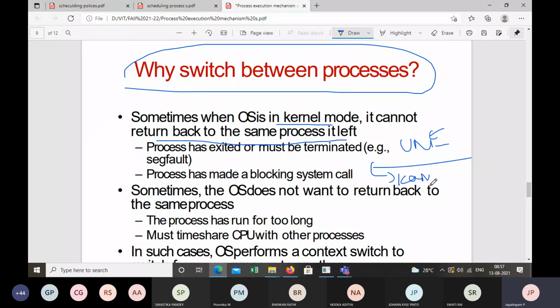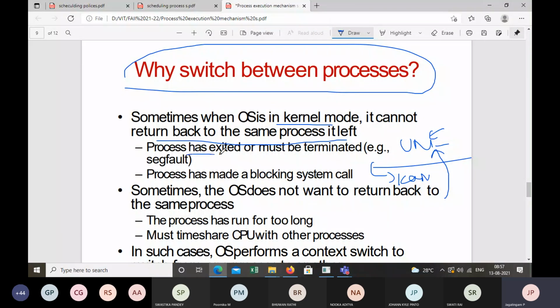After execution of the system call, the operating system will not come back to the same process where it stopped the execution. That happens because of multiple reasons.